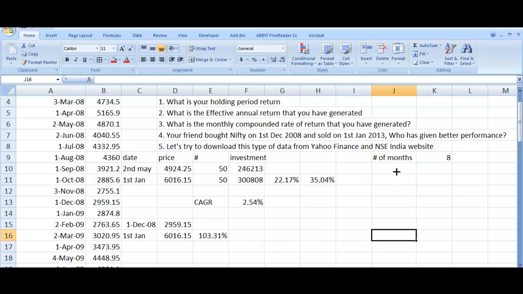So let's put over here the number of months in this case. The number of months in this case would be equal to 49. Please remember 49. How? Because here it is 1st Jan 13, and here you have 1st Dec 08. So 4 full years plus 1 month. Now how do you get the effective annual rate?